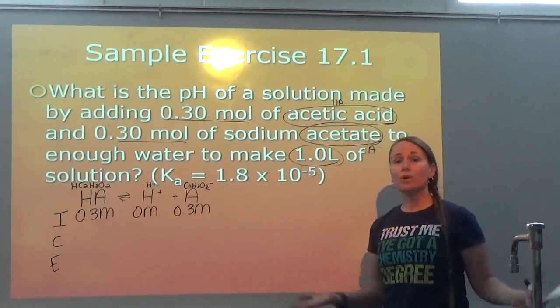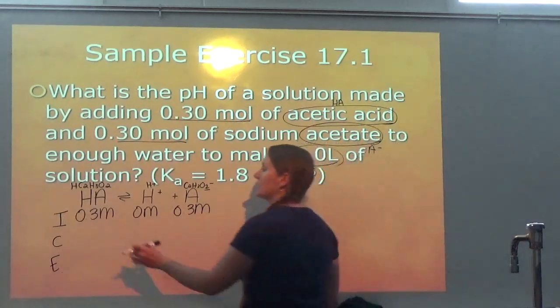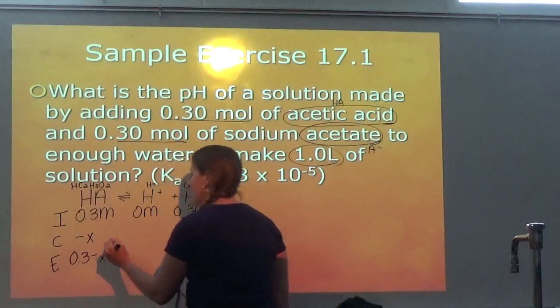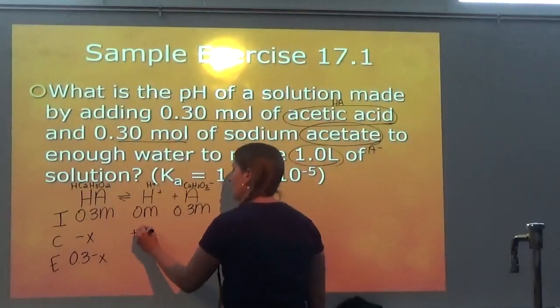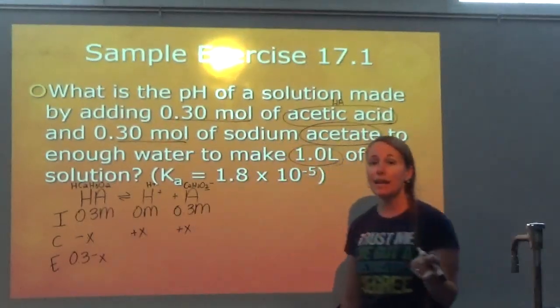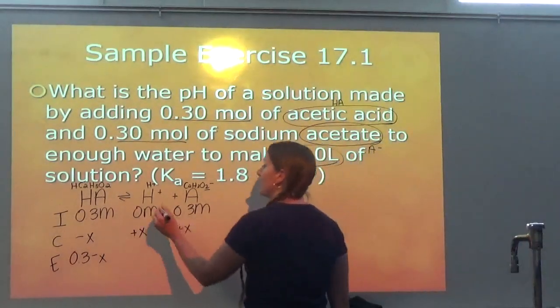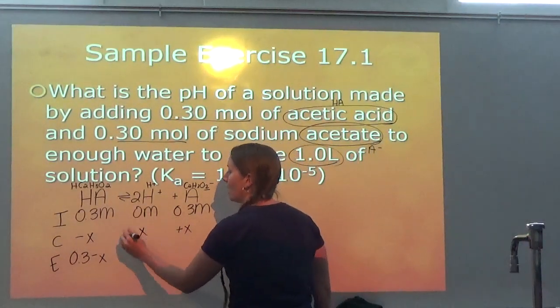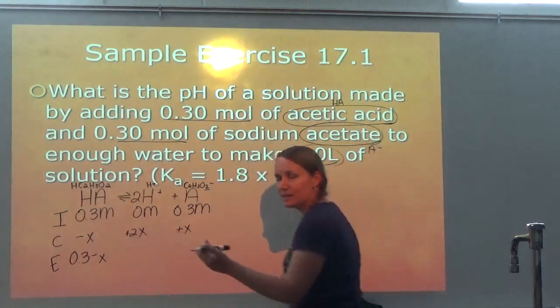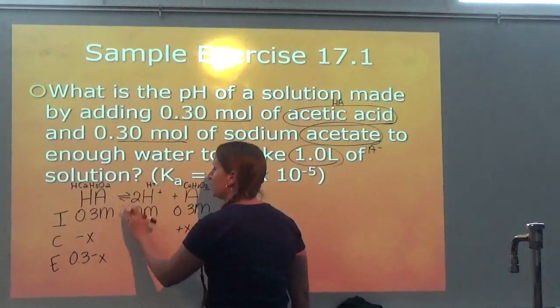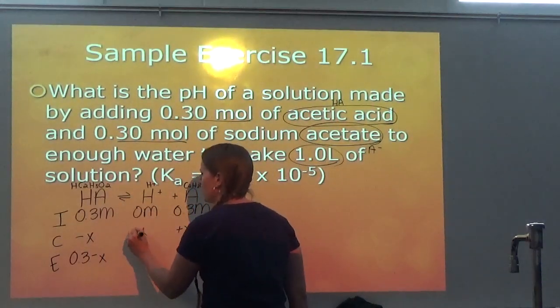The rest of it works exactly the way it did before. I subtract X from this side, so I get 0.3 minus X. I add X to both of these. Just because we've been dealing with acids and bases so long, we haven't seen any coefficients. But remember, if this had been a 2, I would have done plus 2x. So just don't forget about that kind of stuff, because everything's been 1 to 1.